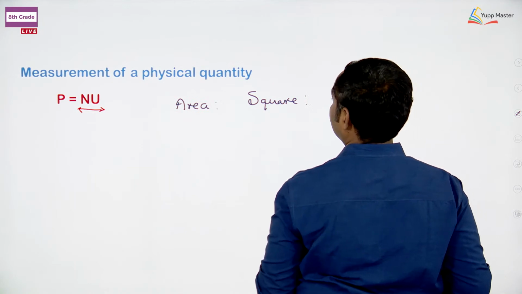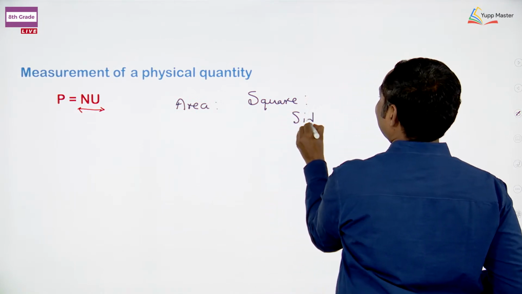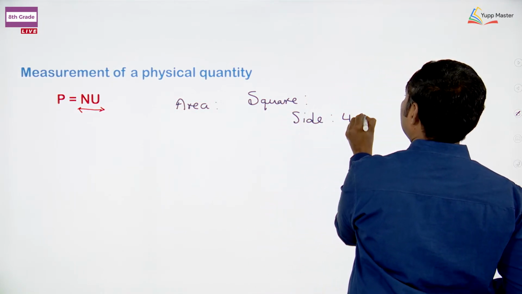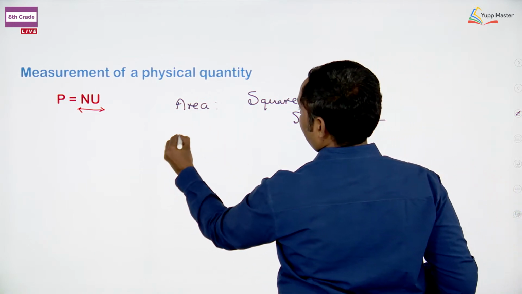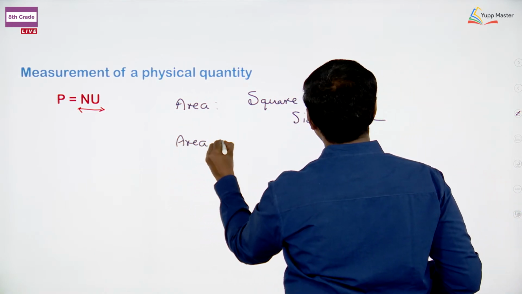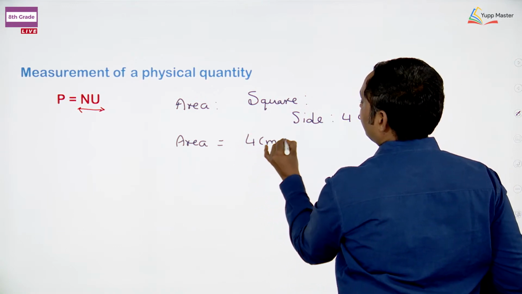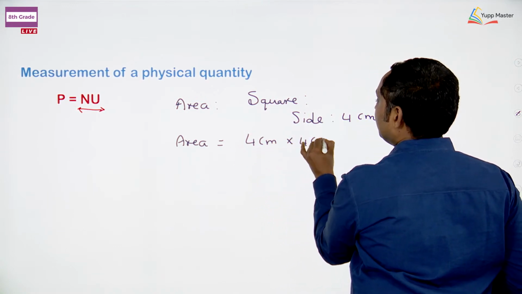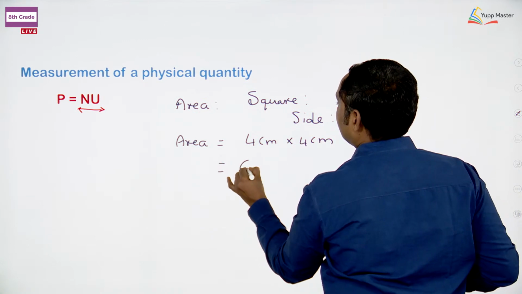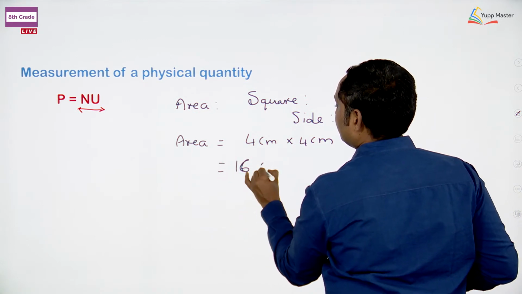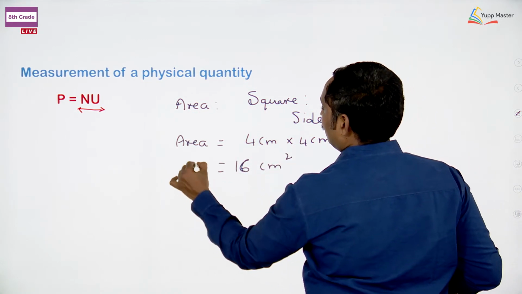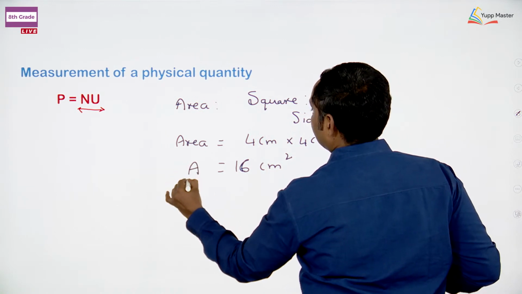You can take that if the side is 4 centimeter, what about the area? Its area is going to be 4 centimeter into 4 centimeter, that is 16 centimeter square. So here area is like that.